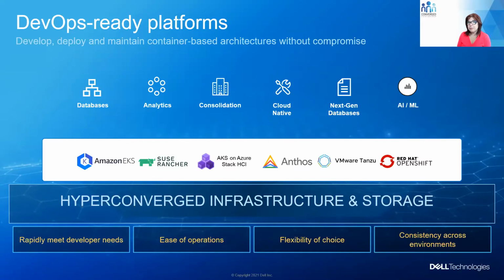For the most part, everyone here on the call would be familiar with the base of these platforms, because they are our integrated solutions, our hyper-converged infrastructure solutions: VxRail, PowerFlex, Azure Stack HCI, as well as PowerStore X, which actually enables you to run ESXi on the storage array itself.